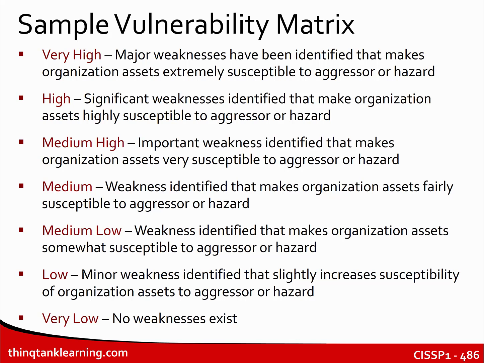I'm not going to go through every one of these bullet points, but very high, high, medium, medium, low, low, very low. Again, this could be a numerical scale. It could be a written scale like this. The point is that you want to create some sort of threat/vulnerability matrix that allows you to allocate appropriately the resources that are necessary to mitigate those risks.